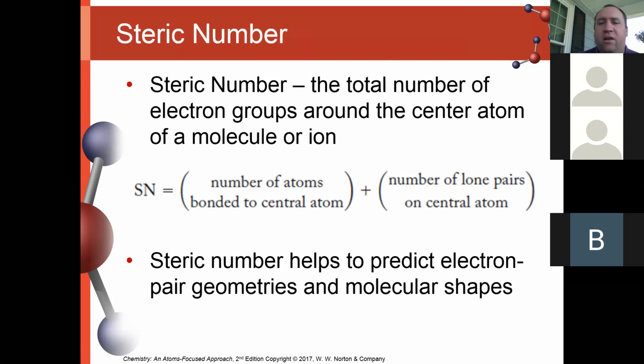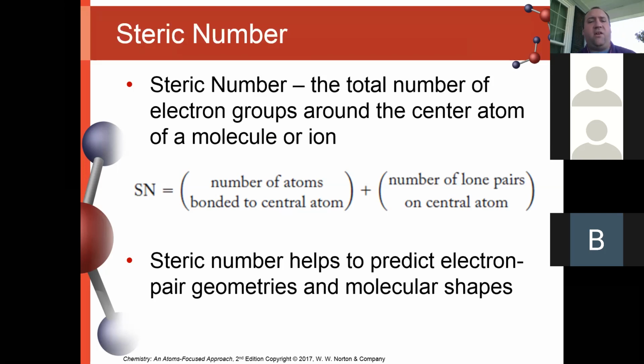And it's the steric number that really dictates those electron pair geometries. So when we look at molecular shapes and bond angles, what we're really looking at is what's going on around that center atom. So the center atom becomes the most important part of our drawings in this case.